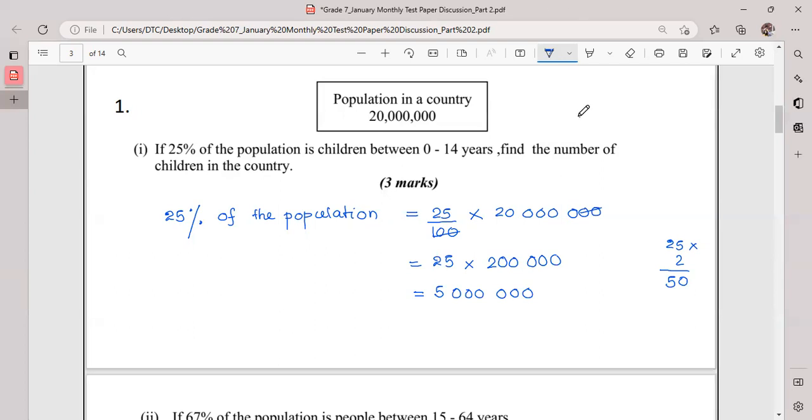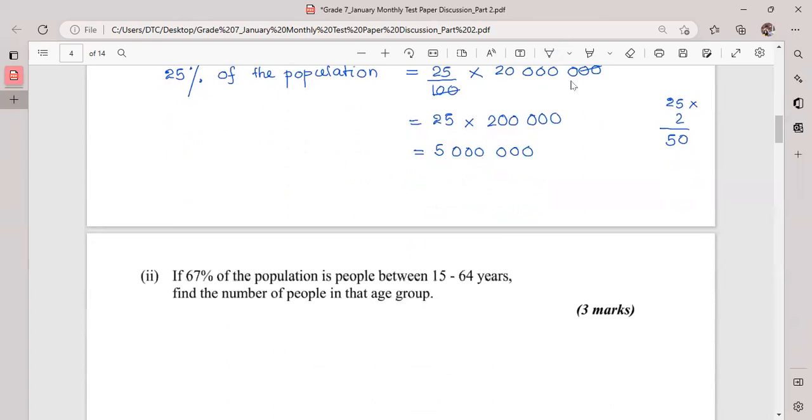So then we'll move to the next question, children. If 67% of the population is people between 15 to 64, find the number of people in that group. Again, you want to do the same thing, children. 67% of the population.